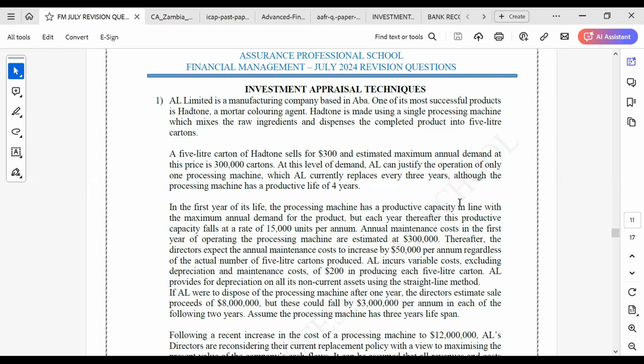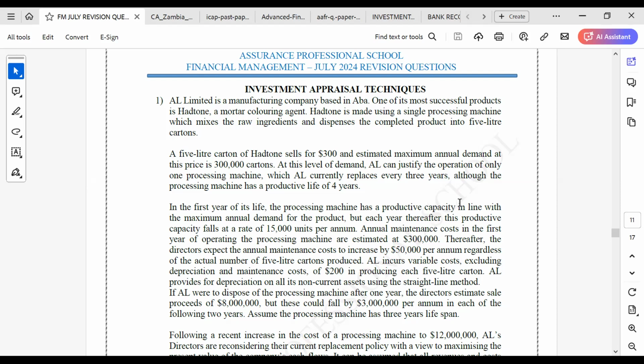Thereafter, the directors expect the annual maintenance cost to increase by $50,000 per annum, regardless of the actual number of 5-liter cartons produced. AL incurs variable cost, excluding depreciation and maintenance cost, of $200 in producing each 5-liter carton.